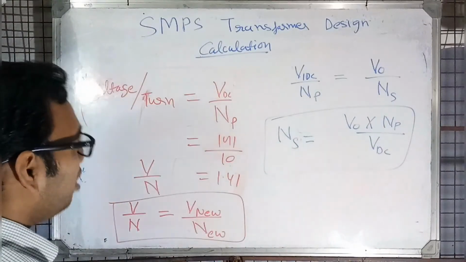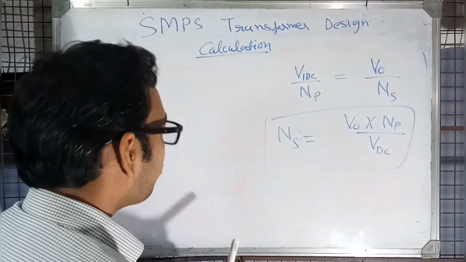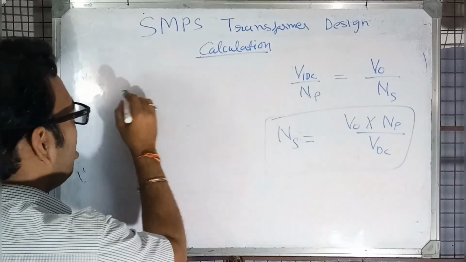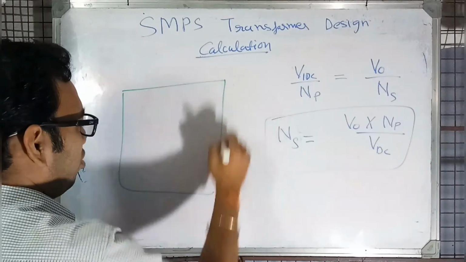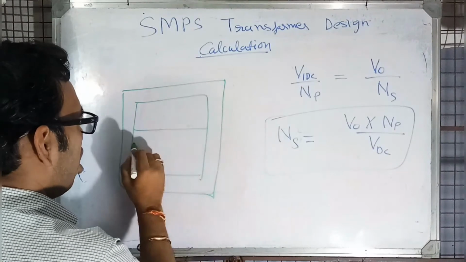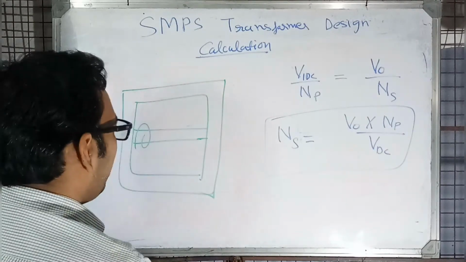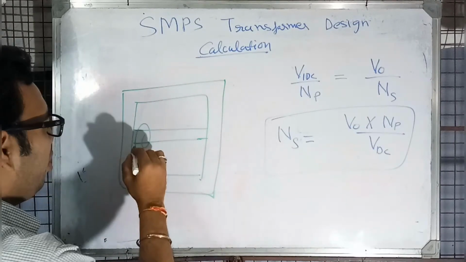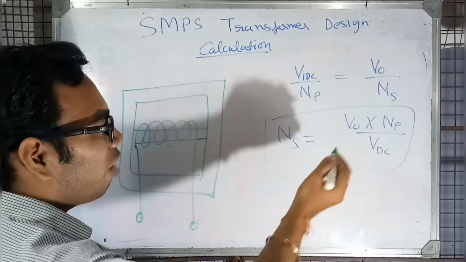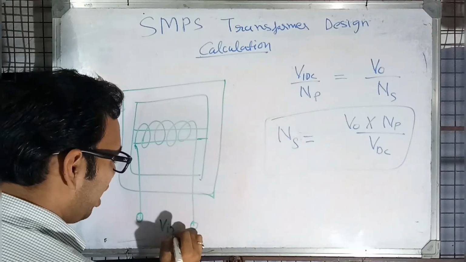So we got Ns, we got Np. Now, how will we wind the transformer? This is the core. On this core limb, first we put insulation. After insulation we wind the primary turns, the number of turns we calculated from the formula.